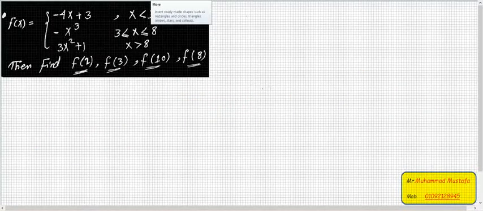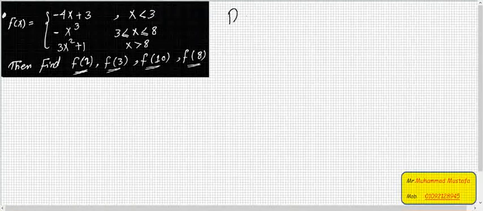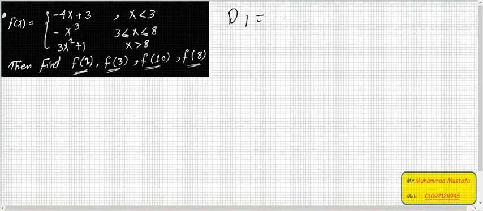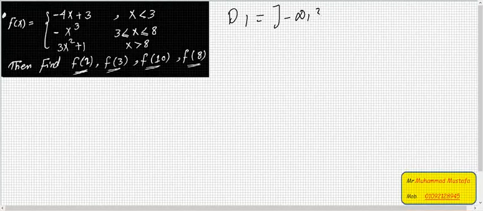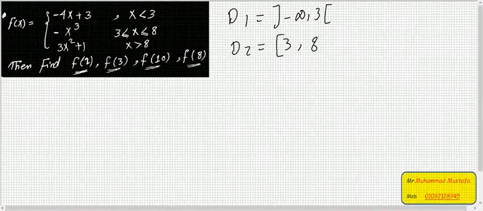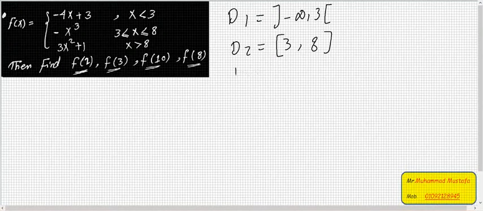To find the domain of this function, we find d1: x smaller than 3, from negative infinity to 3 open. d2 from 3 to 8, with 3 closed and 8 also closed. d3: x greater than 8, all real numbers after 8, from 8 open to infinity.